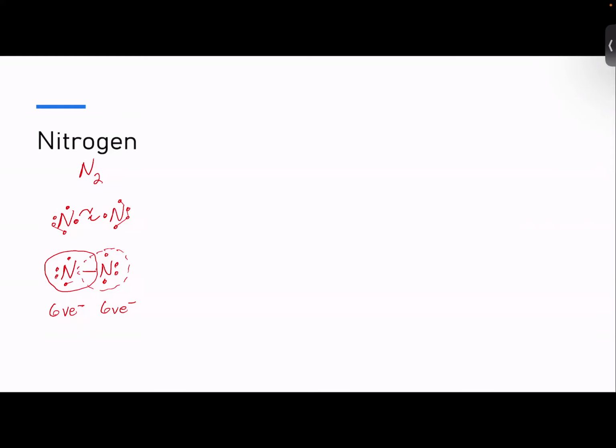That being said, the nitrogen is going to share another pair of electrons between the two atomic nuclei. And what emerges is this structure. Now, the nitrogen on the left views itself as having 7 valence electrons.